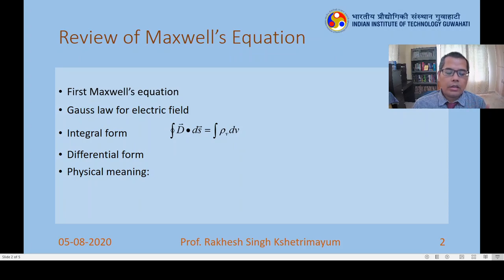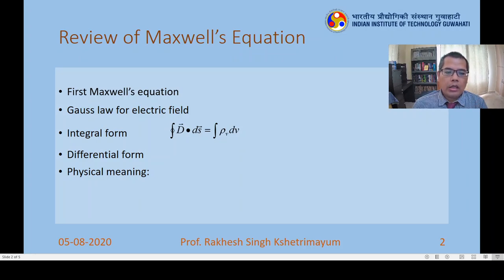So electric flux density, you multiply with the area, you get the electric flux. So basically ∮ D · dS in the left hand side over a closed surface gives you the electric flux which is coming out from the closed surface, and it is equal to whatever you have on the right hand side, ∫ ρv dV. ρv is the volume charge density. You integrate the volume charge density over a volume. What do you get? You get the charge.